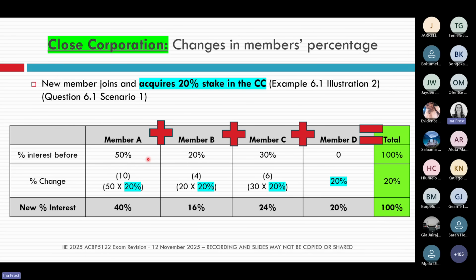So now A, B, and C each have to give up part of their holding to enable member D to acquire the 20%. And here you can see I'm going to subtract from A, B, and C and add to member D.